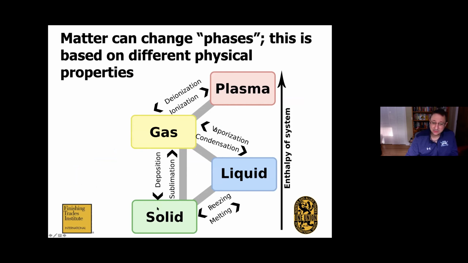And then gases can be redeposited to a solid. Solids can melt, turn into a liquid, and liquids can freeze. And these things can be going on sometimes at the same time, and one phase will be more prominent than another phase. For instance, if it's cold out, you might have something starting to freeze from a liquid, but you still might have some liquid behind, and you might have more solid, et cetera.